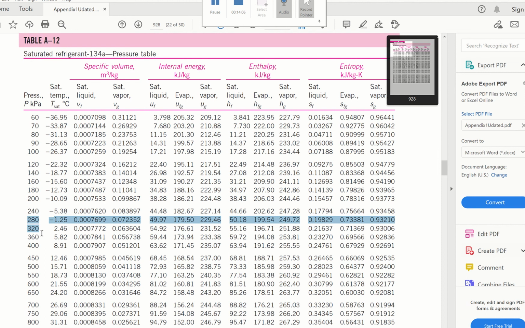Well, we're going to use linear interpolation, but this is a special linear interpolation. Why? 300 is the average, the midpoint between 280 and 320. So you can just use the average instead of linear interpolation. You're going to get the same answer anyway. What do we care about? We want to find the V and the VF and the VG, correct?